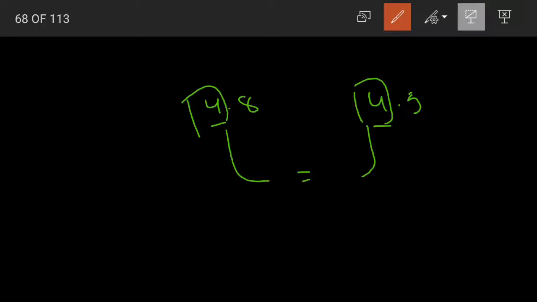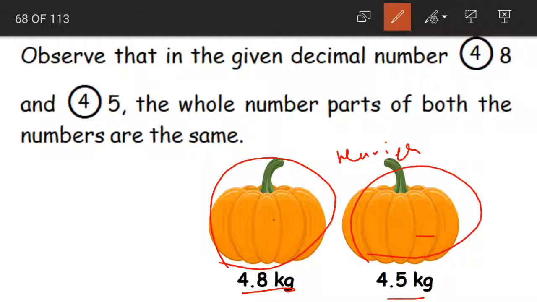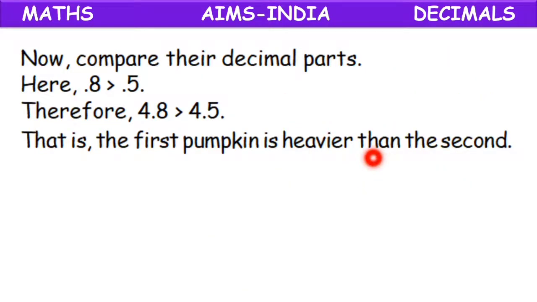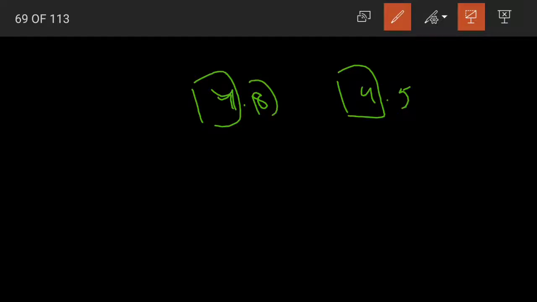It is nothing but our 4 here. Now compare their decimal parts. As both these numbers have the same whole number parts, we'll go for comparing the decimal part.